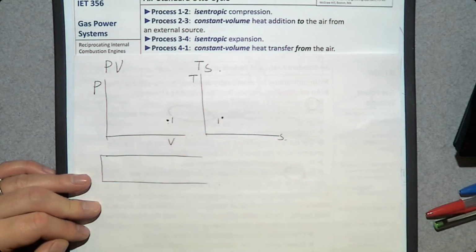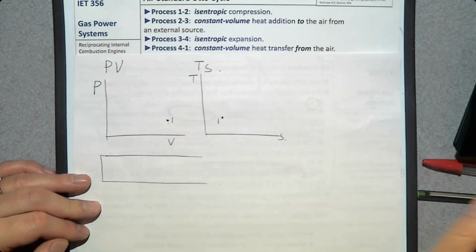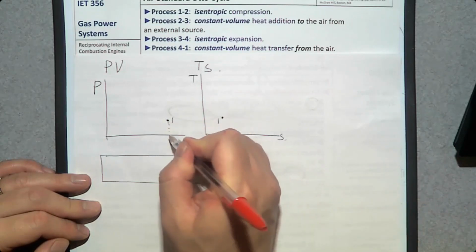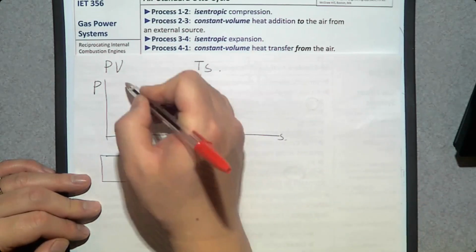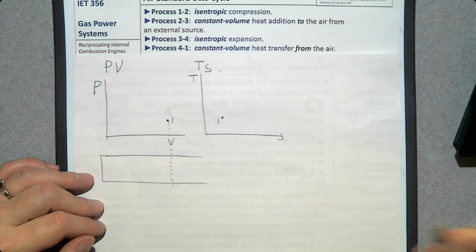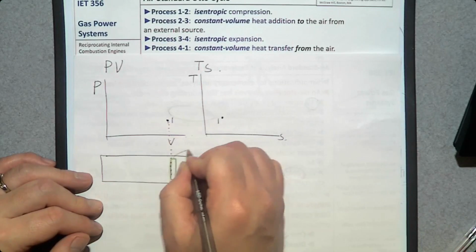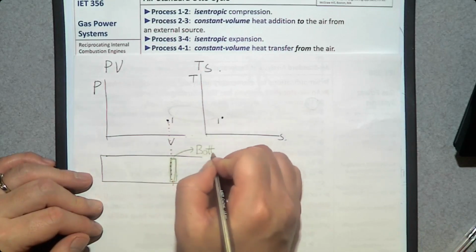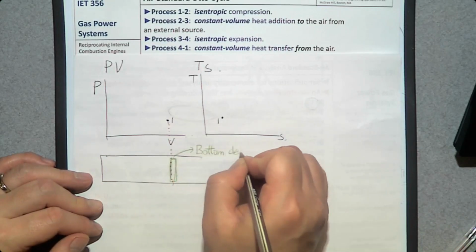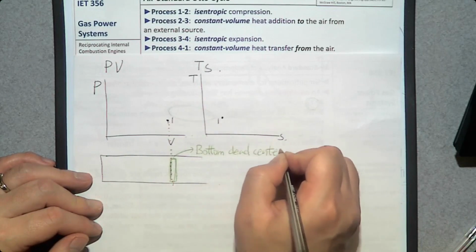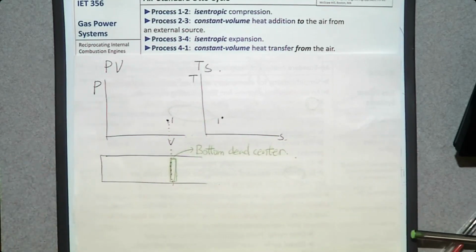So this is where the piston is at the bottom dead center, when the piston is at the lowest position. So what's going to happen is that the piston is moving between these two, bottom dead center and top dead center. That's how we produce work.